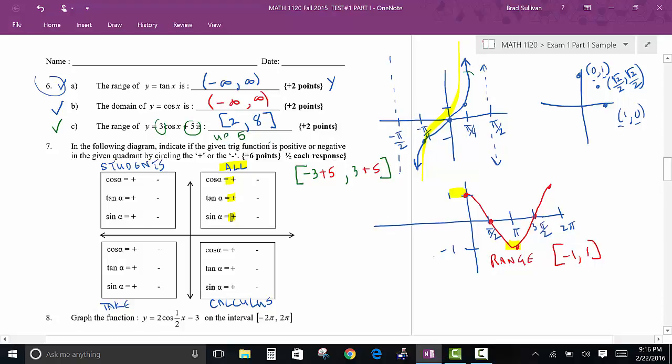The S for students means that in quadrant 2, it's the sine that's positive. The other 2 functions are negative. Then the T for take calculus means the tangent's positive in this quadrant. The other 2 are going to be negative. And then the C for calculus means cosine's positive. The other 2 are going to be negative. So that's how that goes.